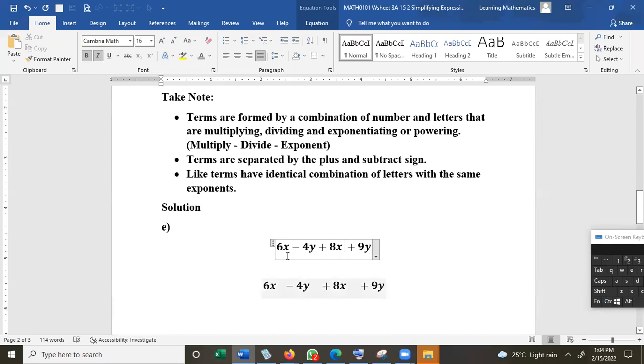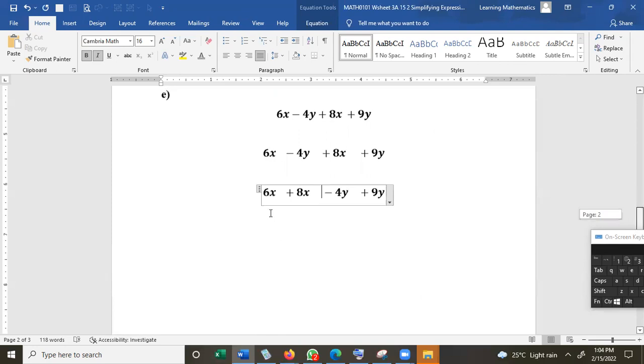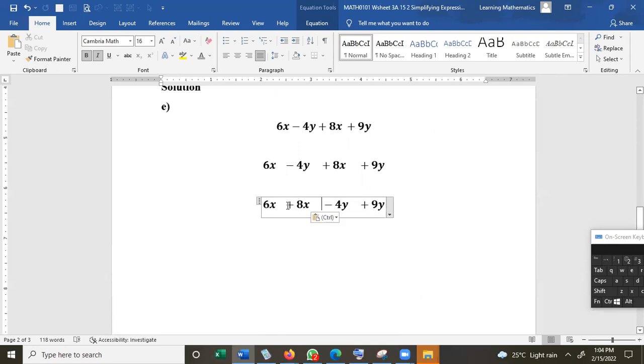Okay, so 6x and plus 8x are alike, even though the 6 and the 8 are different because the coefficients are different, but the letters and the exponent, there's an exponent of 1. Once that is identical, the term is identical. And negative 4y and a plus 9y are like.